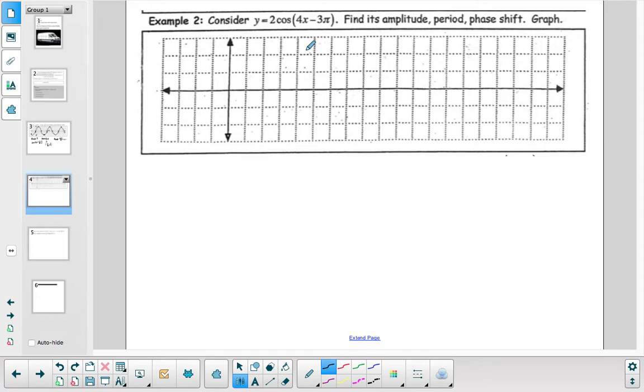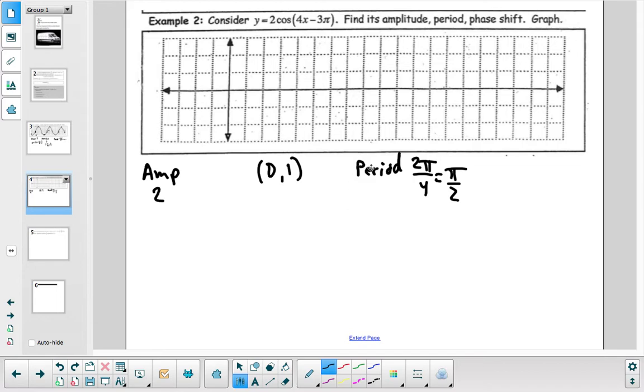All right, so same rules apply to cosine. This is cosine instead, so our starting position would have been 0, 1. It'll get shifted a little bit, but we'll figure that out in a second. The amplitude is 2. Our period is 2 pi divided by 4, which is pi over 2.